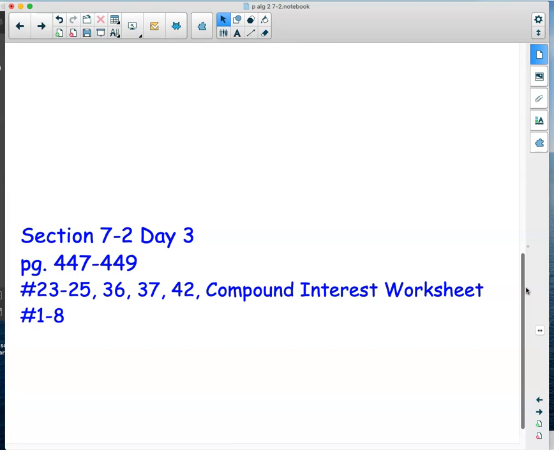Got that formula, 2 formulas that you can use. Nope, no graphing. So no graph paper today.